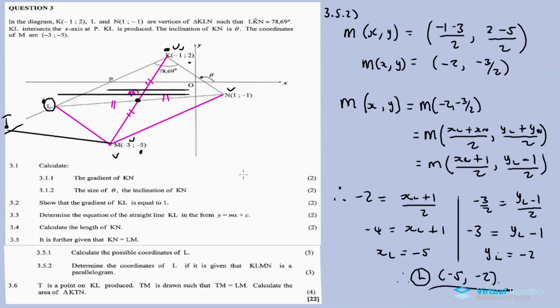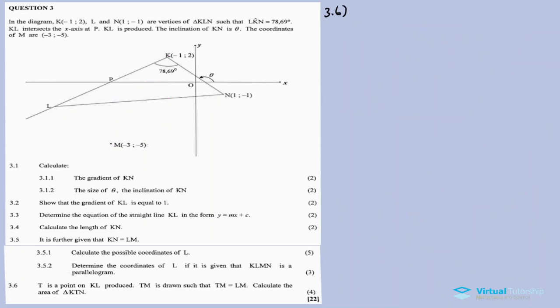Okay, I think I'll erase this and redraw a sketch of the triangle in question. Alright, 3.6. Let us read the question one more time. T is a point on KL produced, so T will be somewhere here.